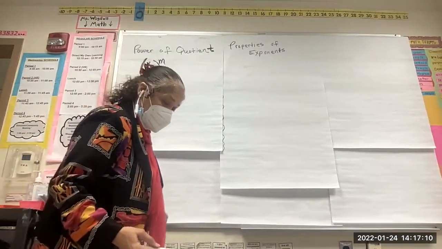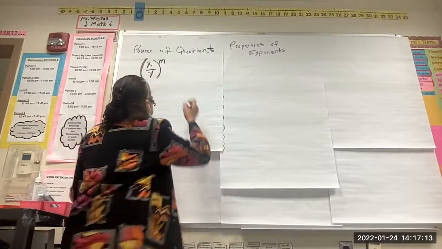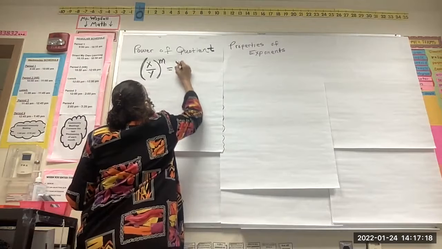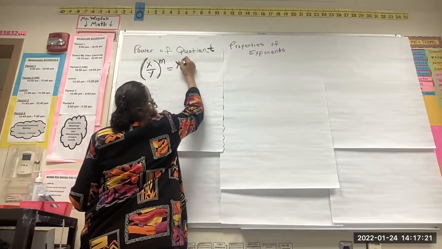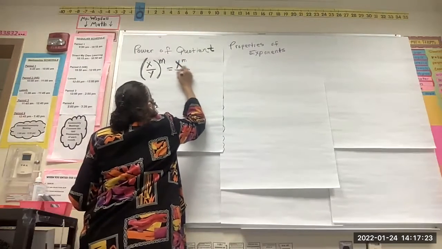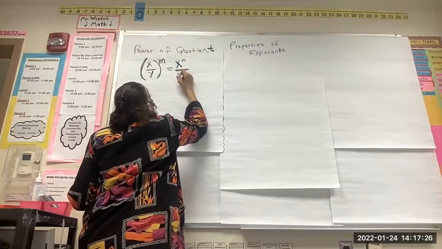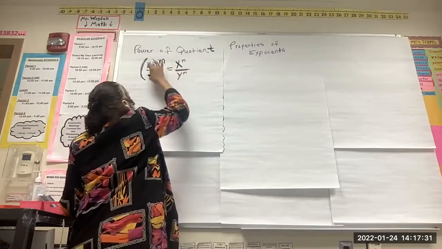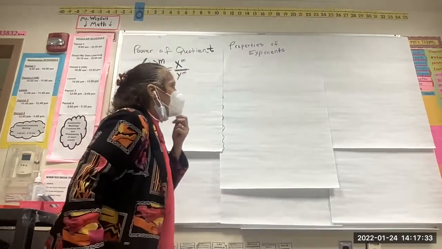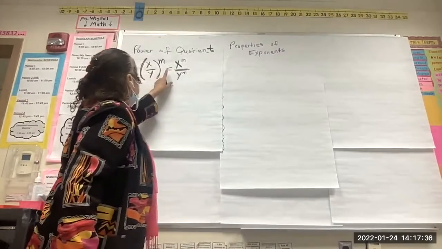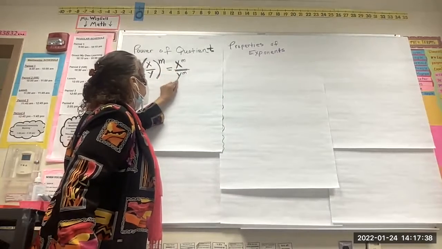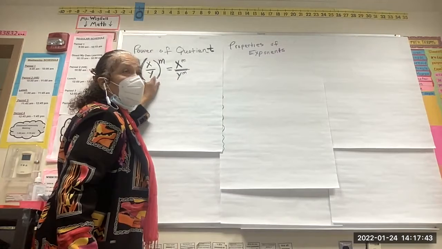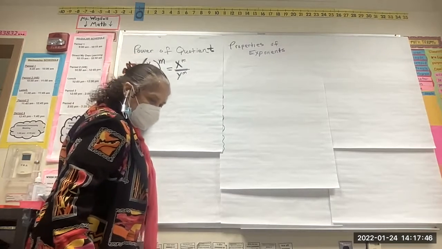The way that works is that it's the same thing as saying the x is taken to the power of m and the y is taken to the power of m. So a fraction quantity to the power of m is simply x to the m divided by y to the m, because the m goes for both the numerator number and the denominator number.